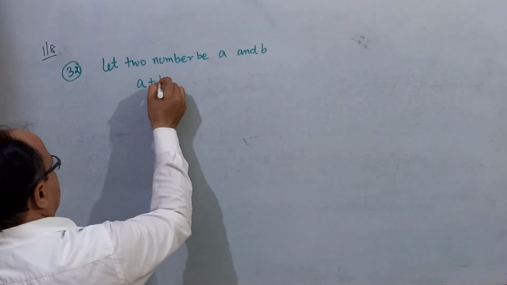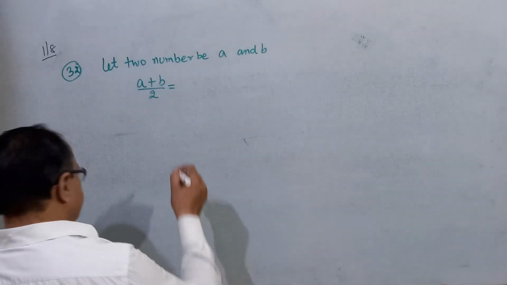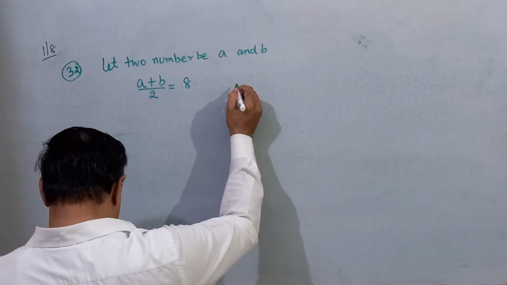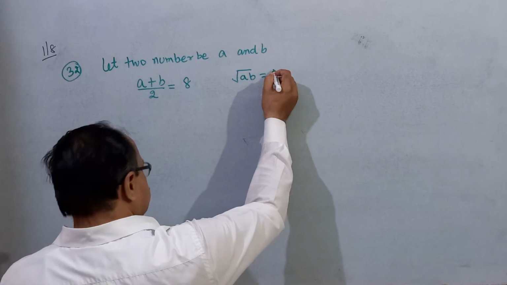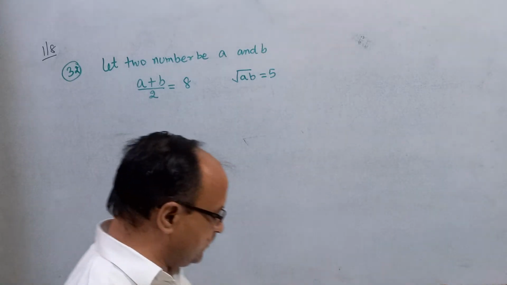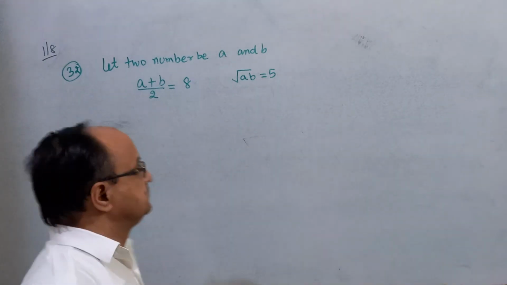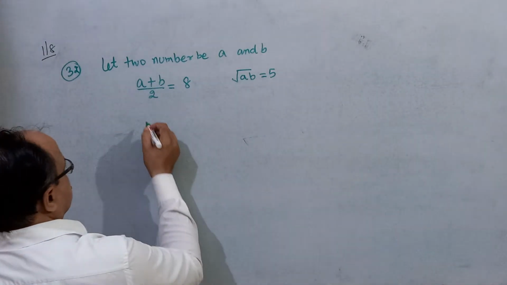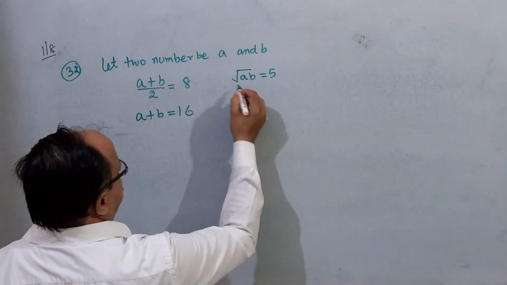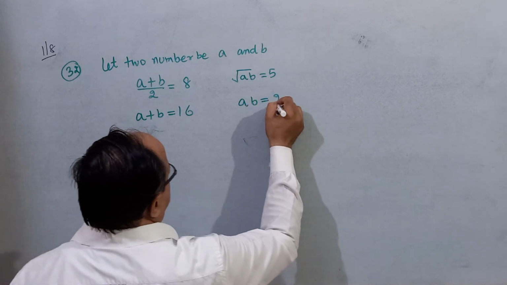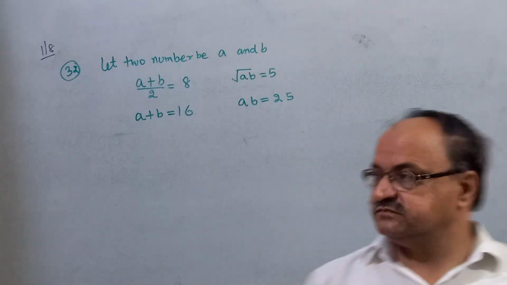Therefore, the arithmetic mean between two numbers is given as 8. And the geometric mean, that is root ab, is given as 5. With the help of this, can you obtain the quadratic equation? Cross multiply: a plus b is 16, and squaring both sides, ab is equal to 25.